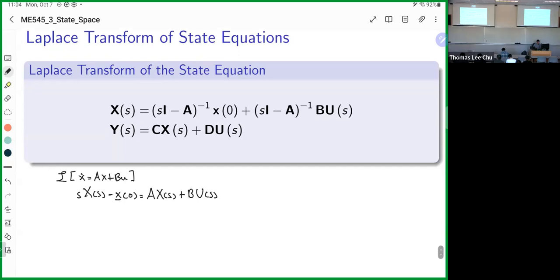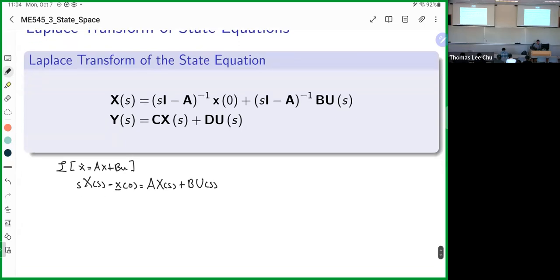When we separate the x's, we get sI minus a multiplied by x of s is equal to x naught plus b u of s.